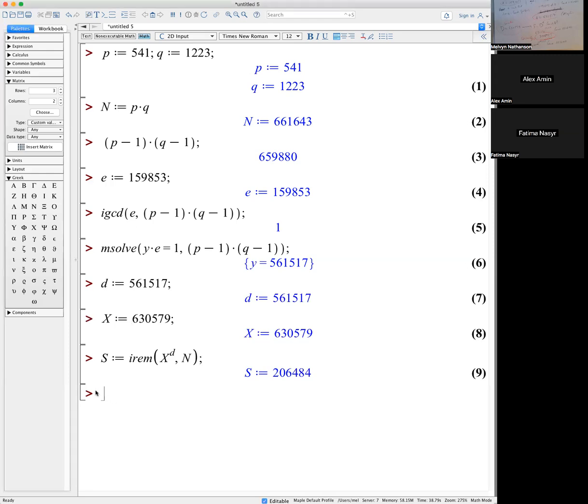So what I do is I take S and raise it to the power D, and I want to reduce it mod n. So I want the integer remainder of S to the D mod n.